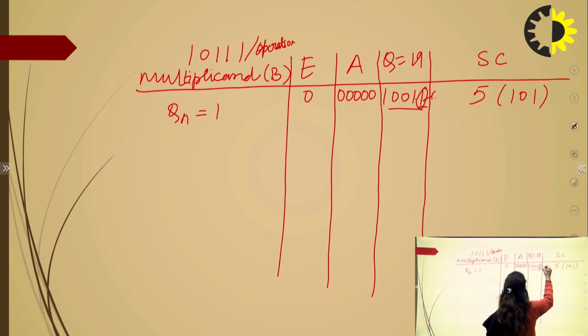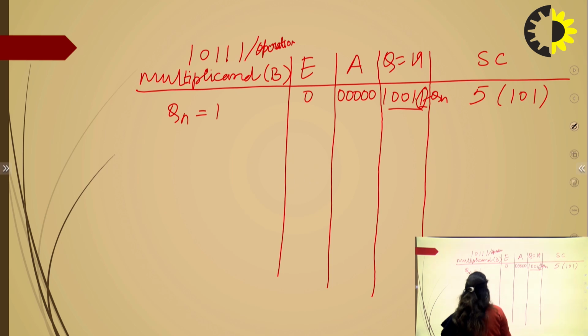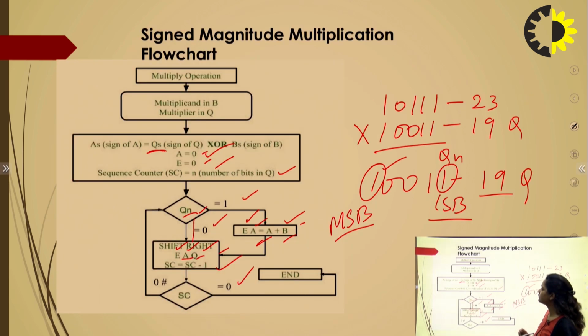This is our Qn. So we have taken this to be 1, and what will happen if the value of Qn is equal to 1? We have to perform an addition operation between the accumulator and the multiplicand. Then the result will form the new value in the accumulator, and then the carry bit will be passed to the flip-flop E.